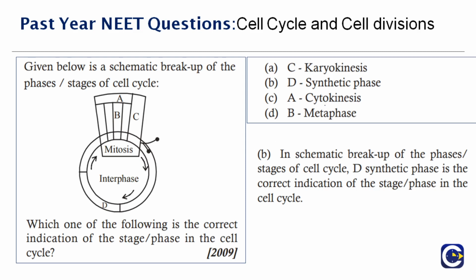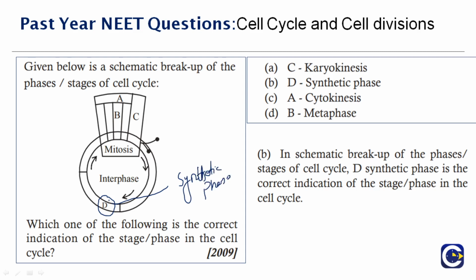Which one will actually match the function of the given stages? Now the correct answer is option B, D. So where is D? You have the D here. So it represents the synthetic phase. So this is right. Which one of the following is the correct indication of the stage or the phase in the cell cycle? So this is actually the correct indication where we talk about the synthetic phase.